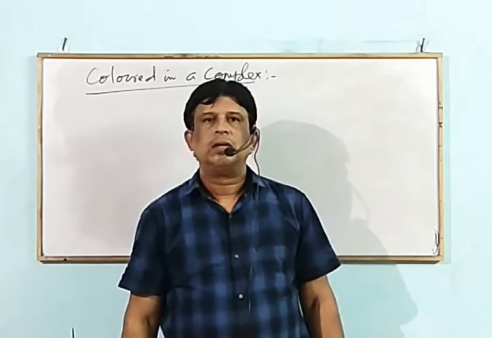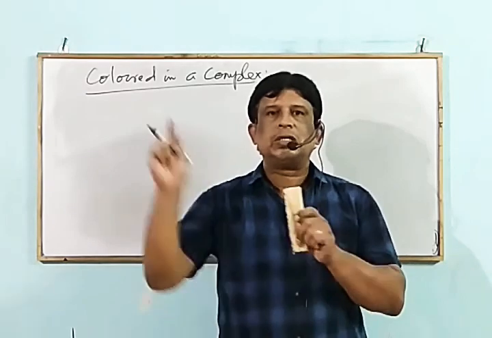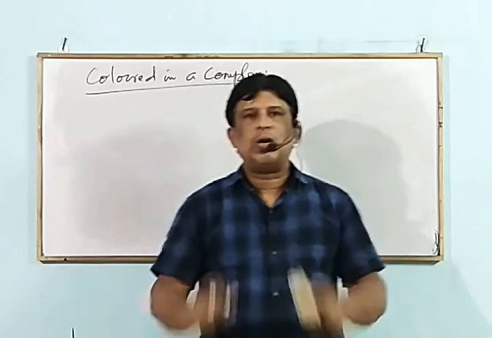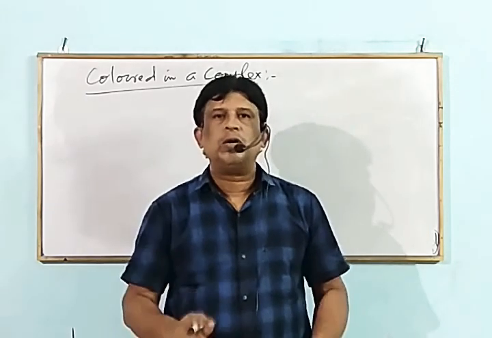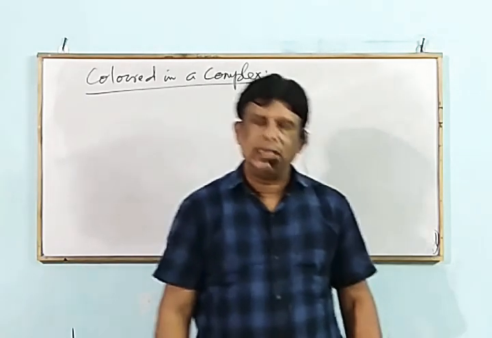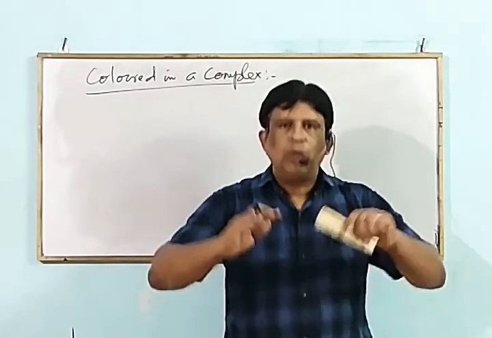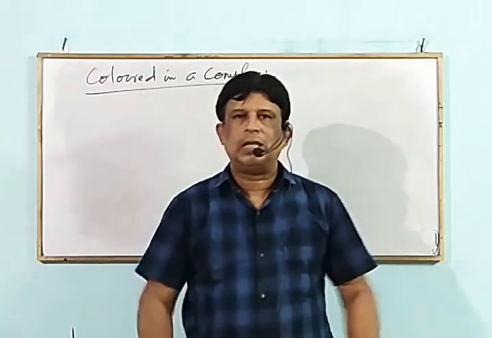Mark that. When white light, that is sunlight, falls upon a substance, by gaining the energy, the electron present in the valence shell, that is in the d subshell, gets excited and jumps from a lower energy level to a higher energy level.